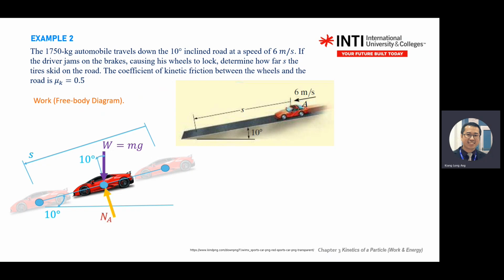You group all the contact surfaces to represent one. If not, you make the problem a bit complex, unless the question purposely mentions front wheel and back wheel friction. Then that is an indicator that your normal force has 2, one in the front, one in the back.